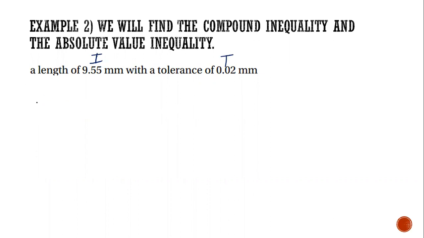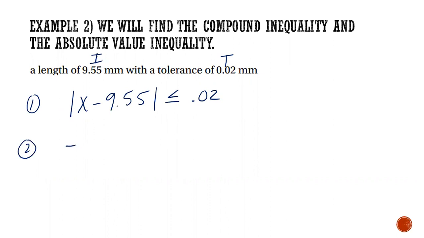So when you set up your absolute value inequality, you should have had absolute value of x minus 9 55/100 is less than or equal to 200. When you did your compound, you would have had negative 200 is less than or equal to x minus 9 55/100, which is less than or equal to positive 200.